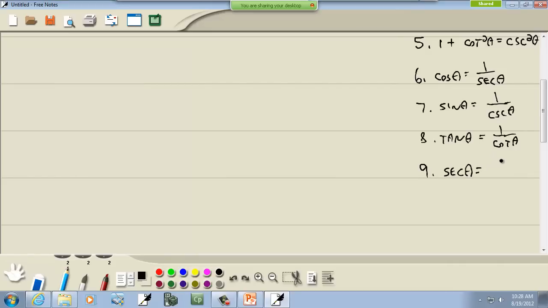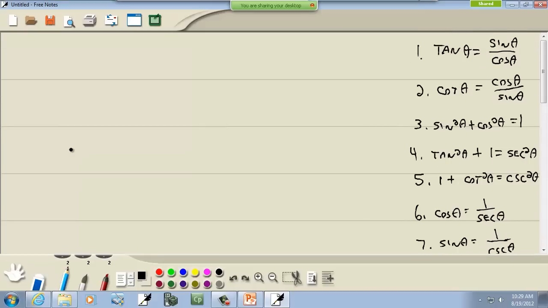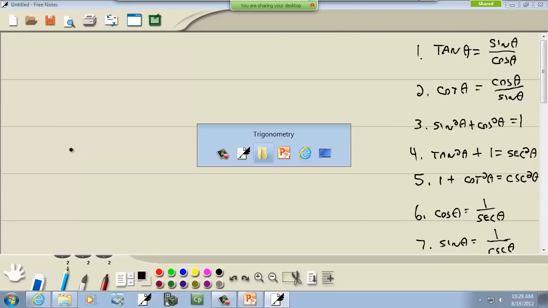Secant theta is equal to 1 over cosine theta. Now that I've said that, I'll probably screw one of these up. Cosecant theta is equal to 1 over sine theta. And last one, cotangent theta is equal to 1 over tangent theta. I don't think I've forgotten any of the formulas, so let's use these now.